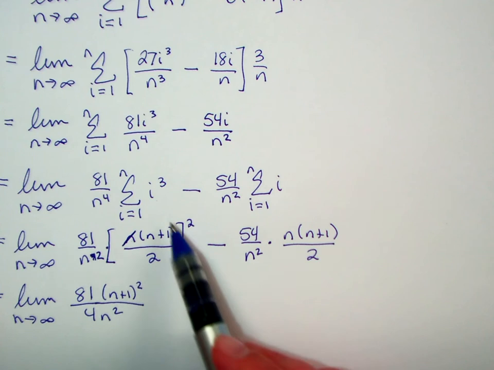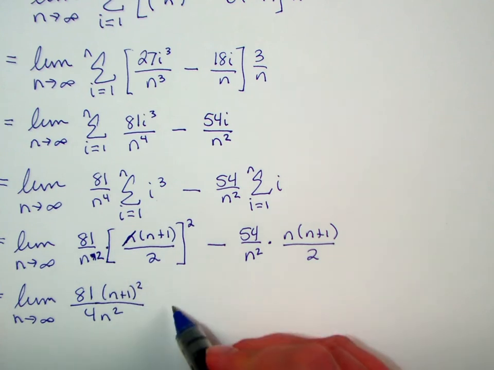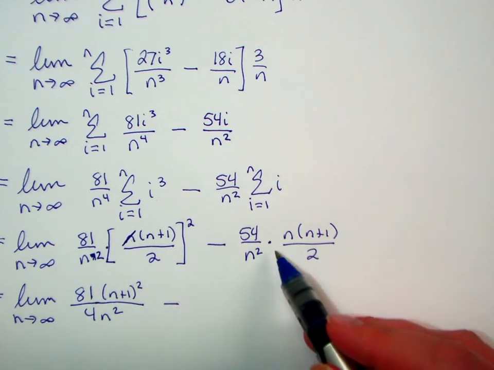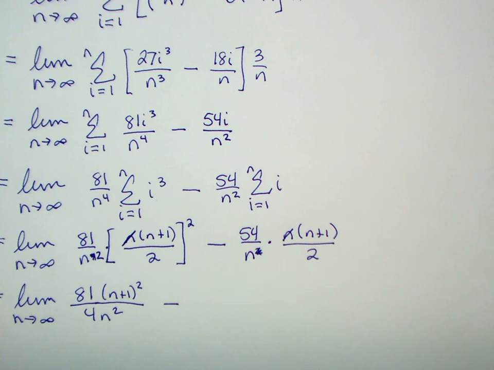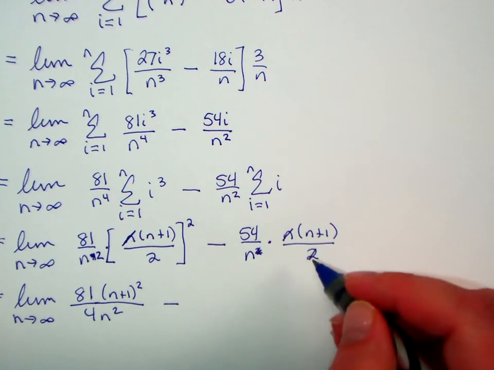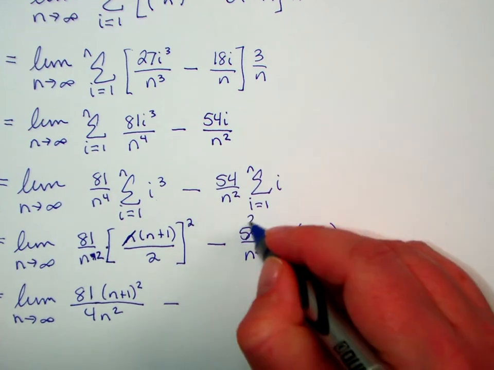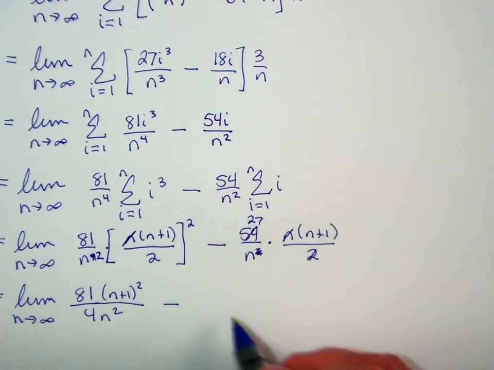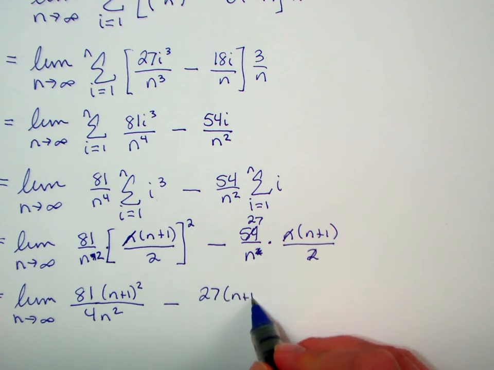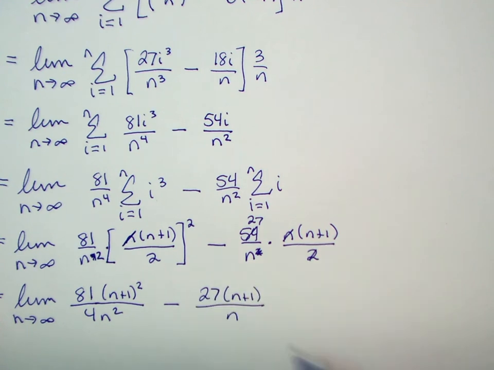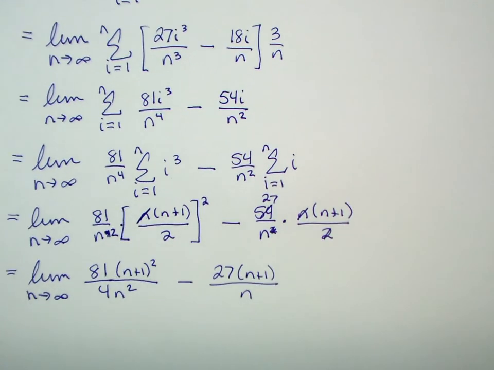So that's how I get that term simplified. The other term, I'm going to go ahead and let n cancel with n here, and let the 2 cancel with 54, right? So I'm left with 27 n plus 1 over n, right? So there's the sum, and I'm not going to simplify that any more than this, right?